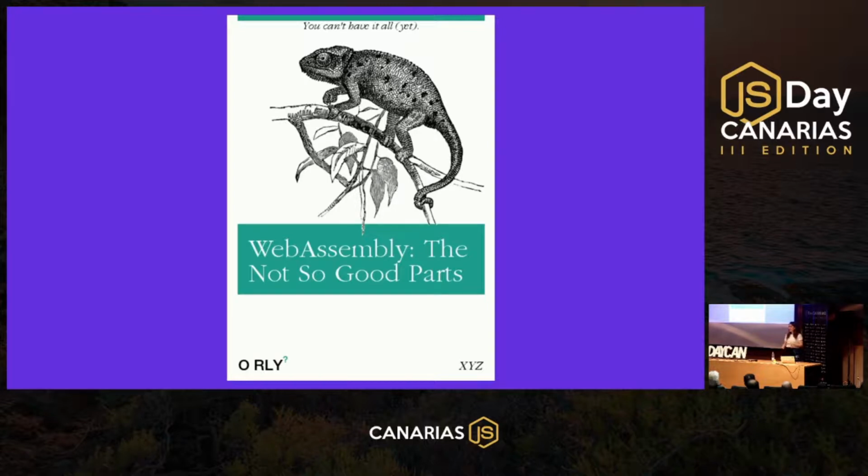So if you want to work with more complex objects, even a string, for example, you have to encode it into an array of numbers and then pass a pointer to it. It also doesn't have direct access to JavaScript variables. So all these things will change pretty soon. There are proposals like reference types and WebIDL that will make working with WebAssembly and JavaScript communication pretty easy. But today, that's just not there yet.